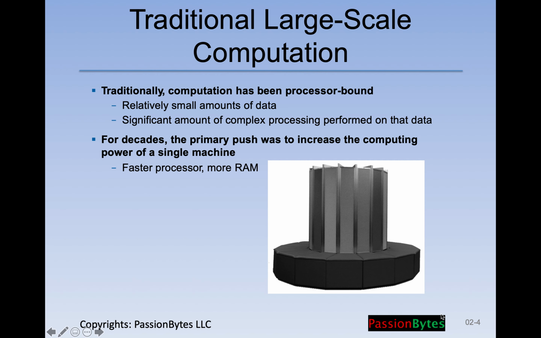Traditionally, the computation has been processor bound. What does that mean? Whenever you write code in your program, let's say add two numbers, I want to write a function: integer add, in brackets, integer a, comma, integer b. Don't worry about the programming language, you'll understand what I'm doing.